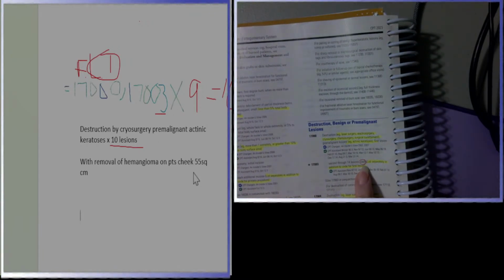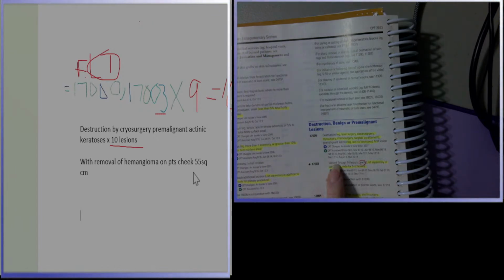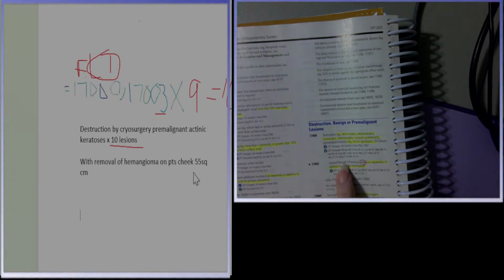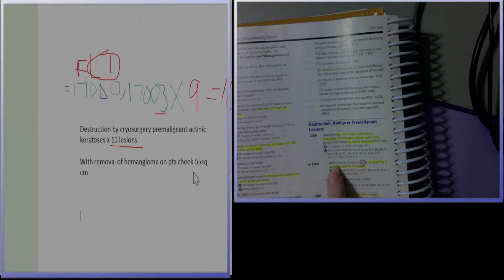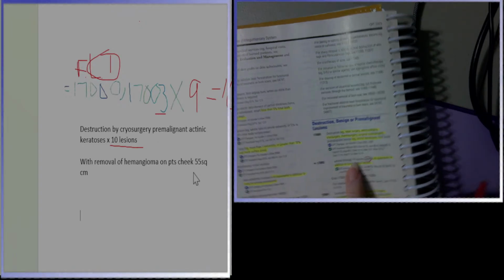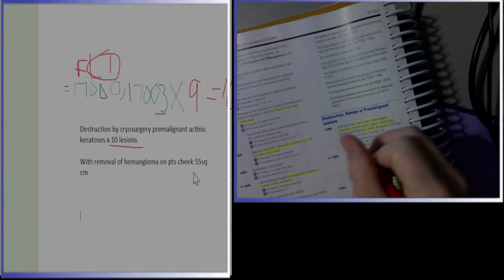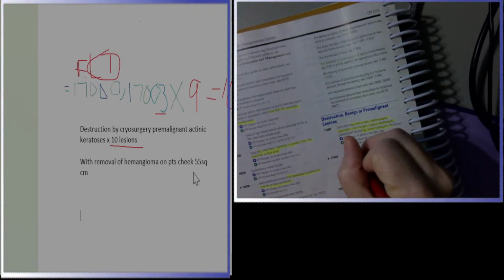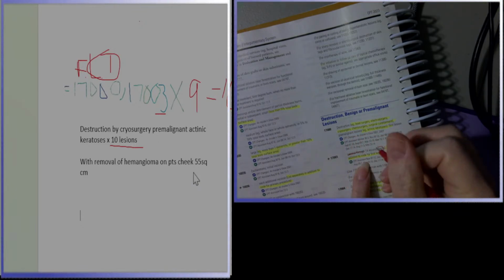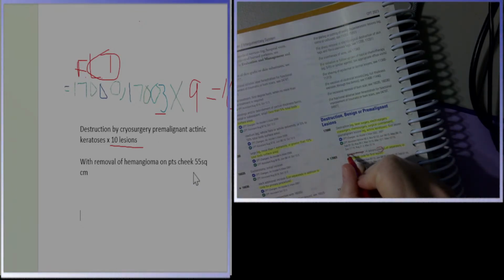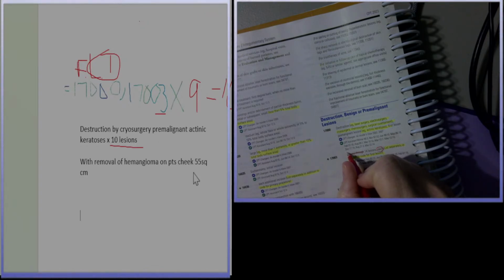They wrote this one wrong. It should be each up to 14 lesions, but it says 2nd through 14th lesions. So you think that it means it does all the way through 14. Well, it doesn't. It does each up to.